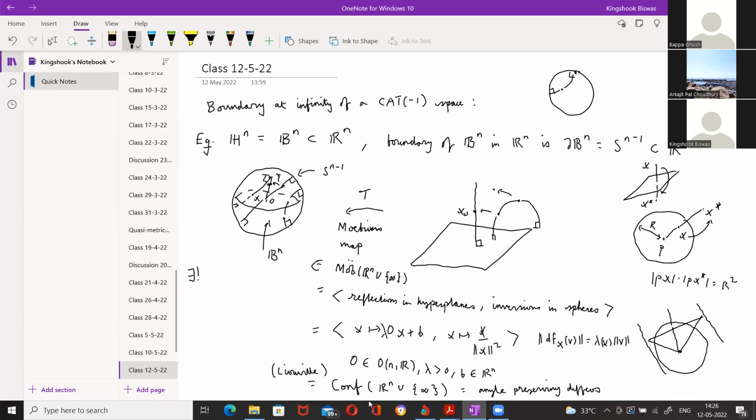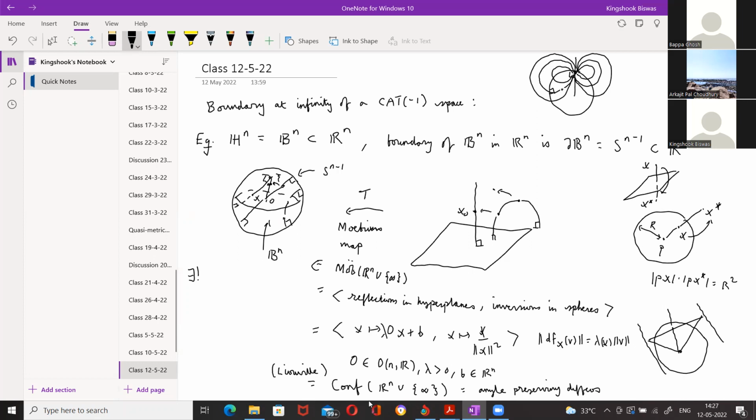If I look at all circles which are perpendicular to the boundary here, that will give me a one parameter family of circles like this. These will be circles tangent to this radius at the boundary point.